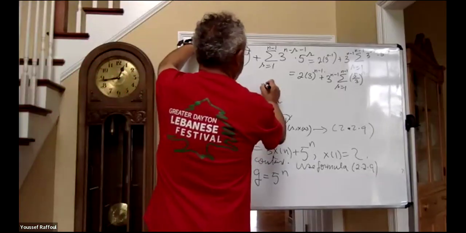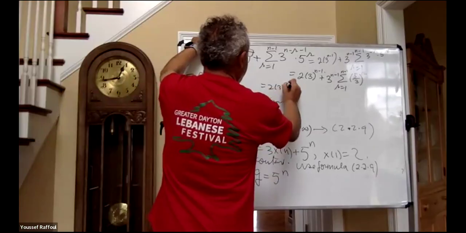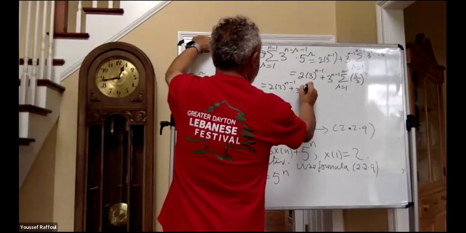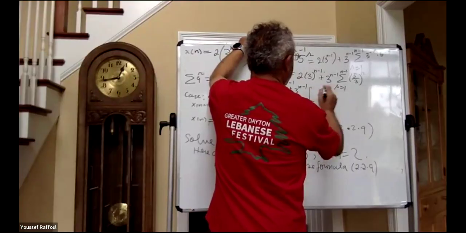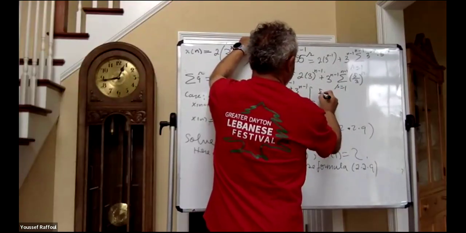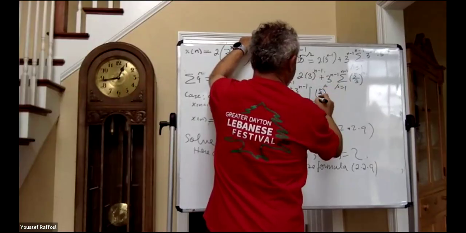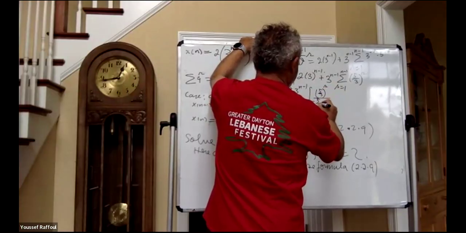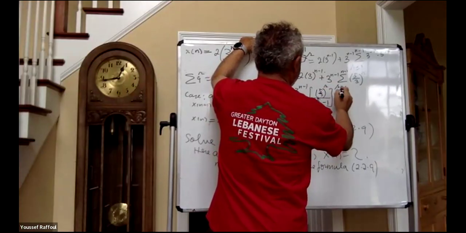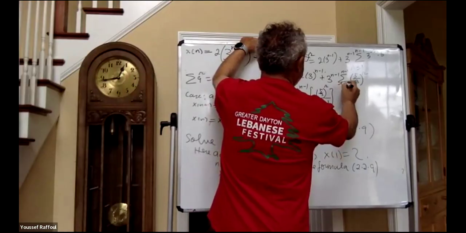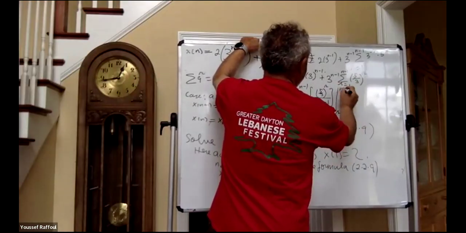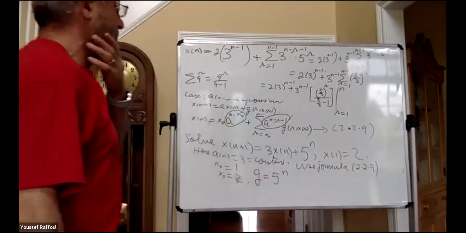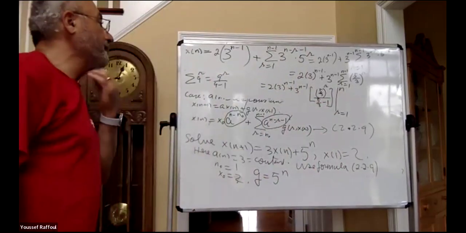So this is 2 times 3 to power n minus 1 plus 3 to power n minus 1 times the sum of 5/3 to power r over 5/3 minus 1 from r equal 1 to n. Okay?